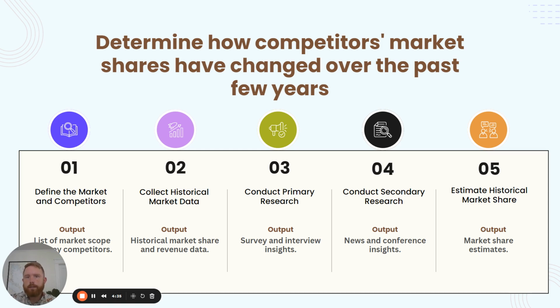So review press releases and news articles for any mentions of historical market share data, any sentiment on historical performance, and any commentary like that. You can also gather information from industry conferences and trade shows, and you'll get a greater understanding of your competitor dynamics and how they've shifted.